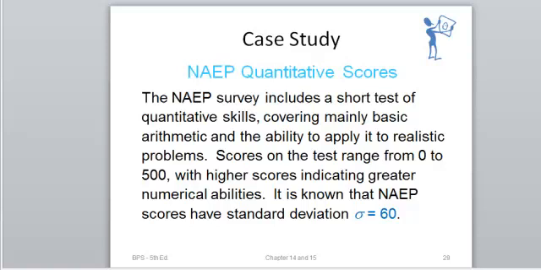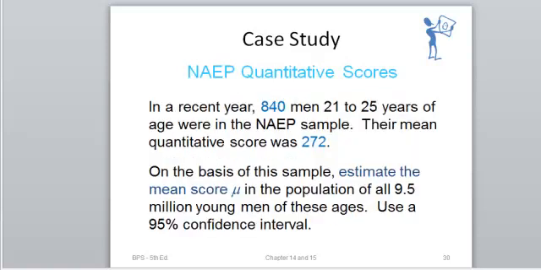It is known that the NAEP scores have a population standard deviation equal to 60. In a recent year, 840 men between the ages of 21 and 25 were in the NAEP sample. Their mean quantitative score was 272. On the basis of this sample, estimate the mean score, mu, in the population of all 9.5 million young men of these ages. Use a 95% confidence interval.